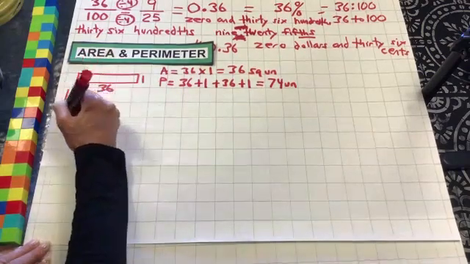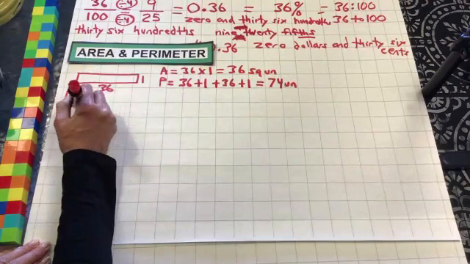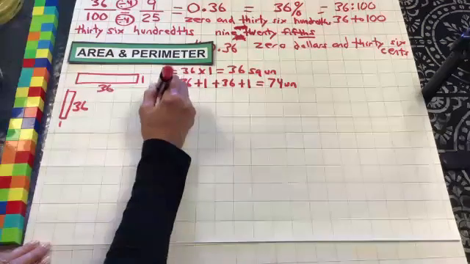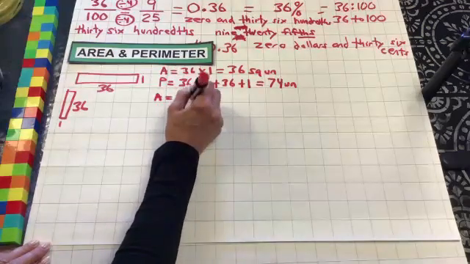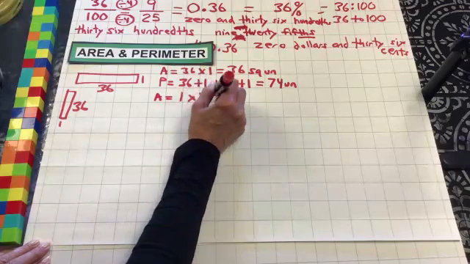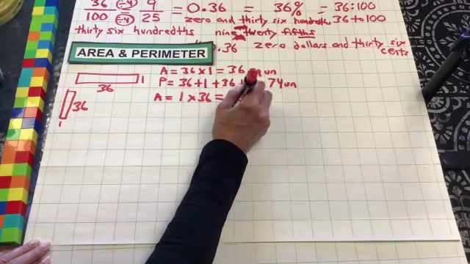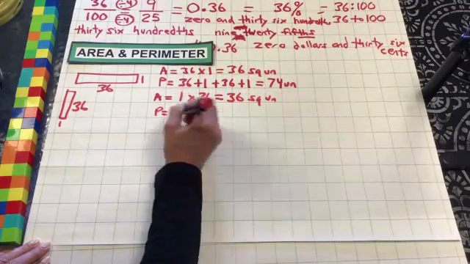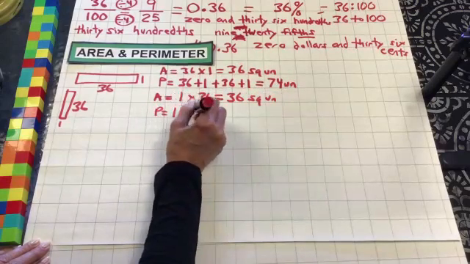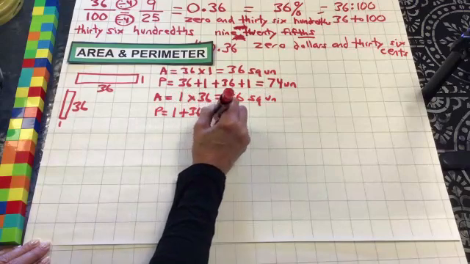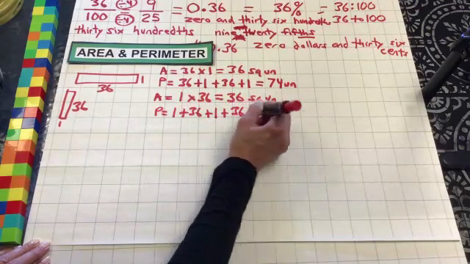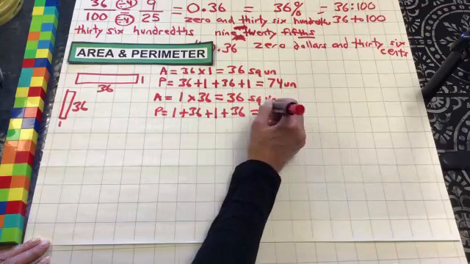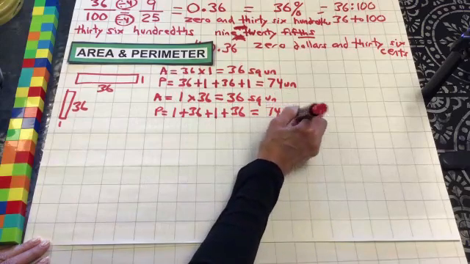All right, we're going to stand this baby up, and it's going to be a 1 by 36. So our area would equal 1 times 36, which equals 36 square units. The perimeter would equal 1 plus 36 plus 1 plus 36, which equals 74 units.